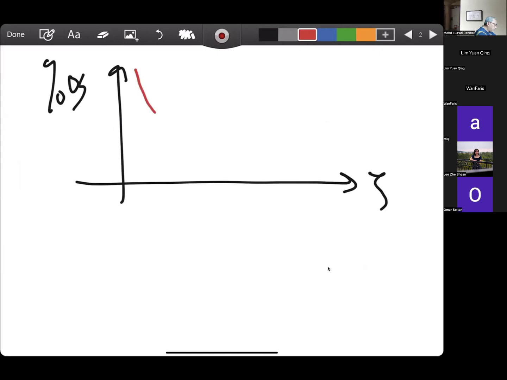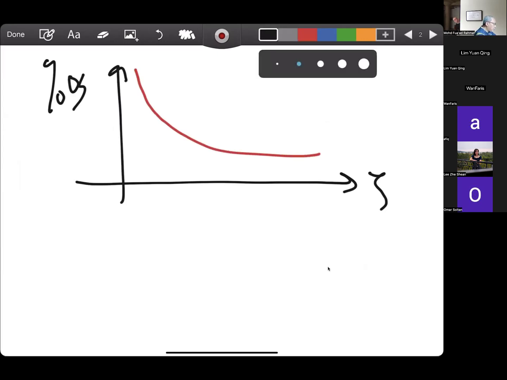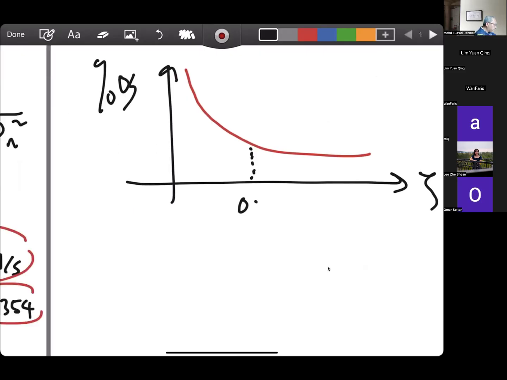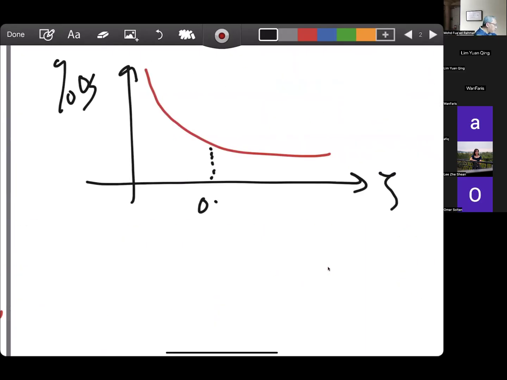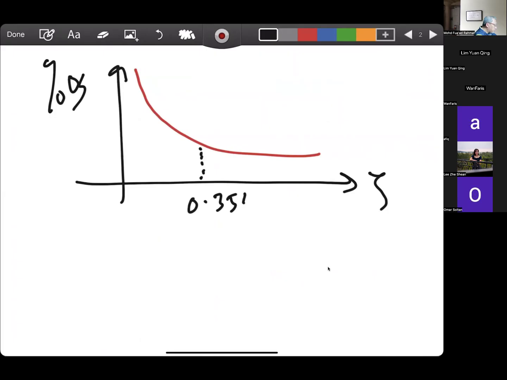Remember this graph? So 0.354, let's say here, corresponds to the overshoot percentage.